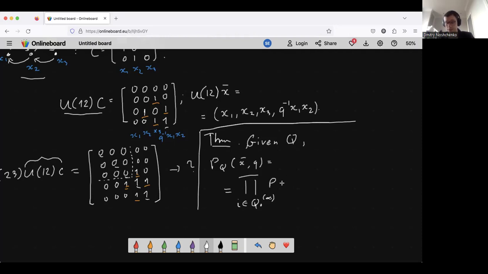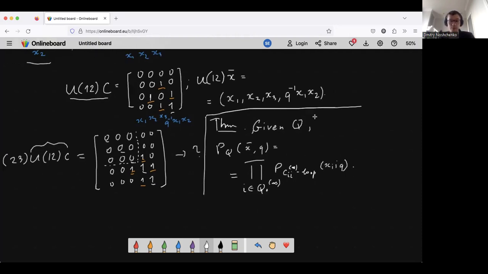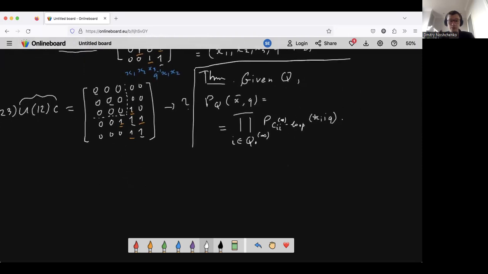The product is taken over m-loop quivers essentially. So this is C_i-loop quivers with variables x_i and q. So what this theorem gives us is that any quiver could be essentially diagonalized.